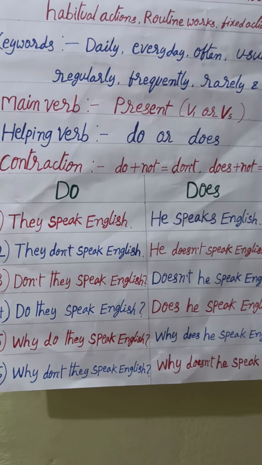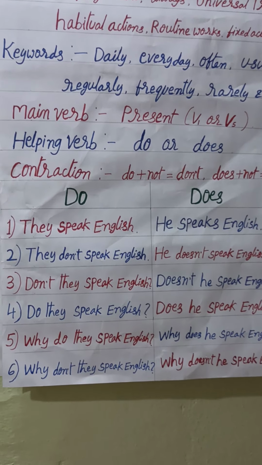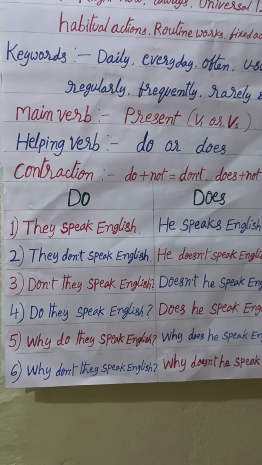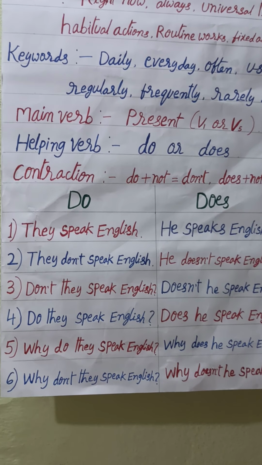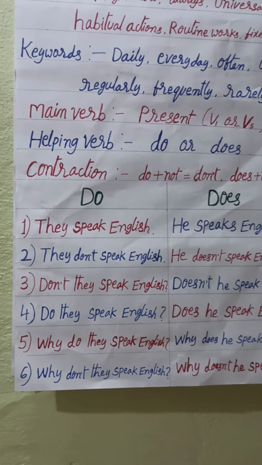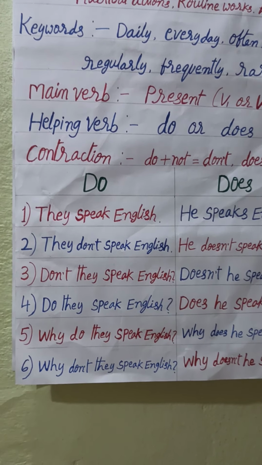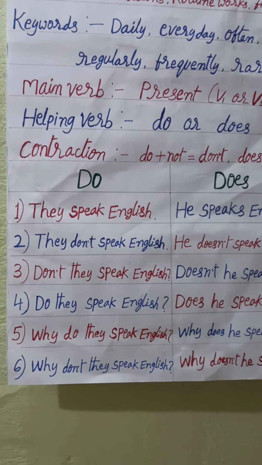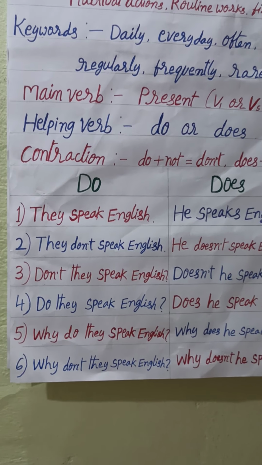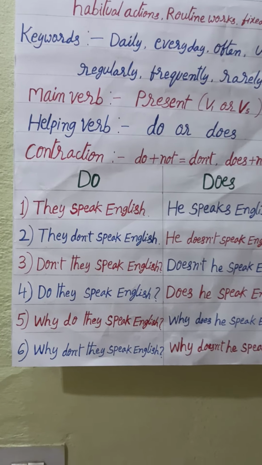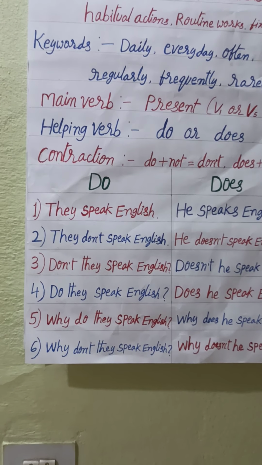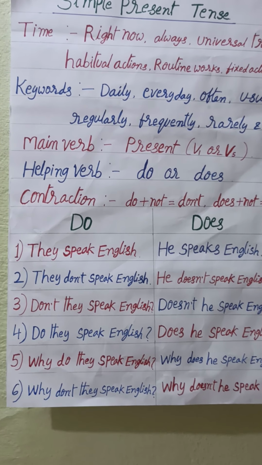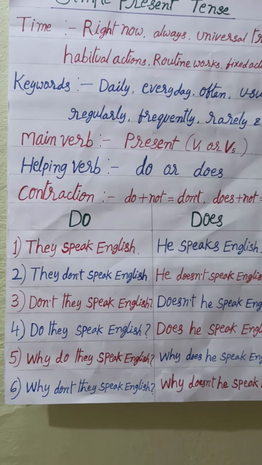We use do with I, we, they, you, and nouns. For example, they speak English. Here it is third person plural.